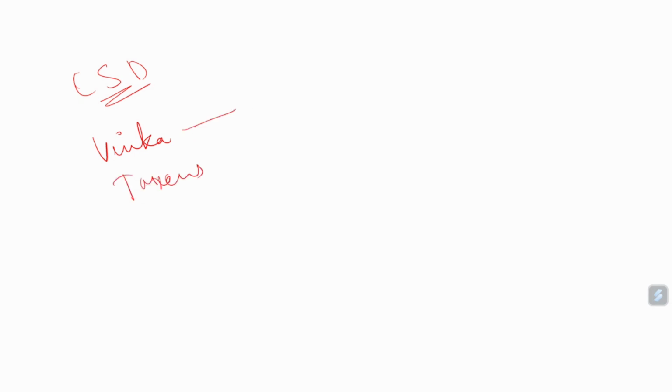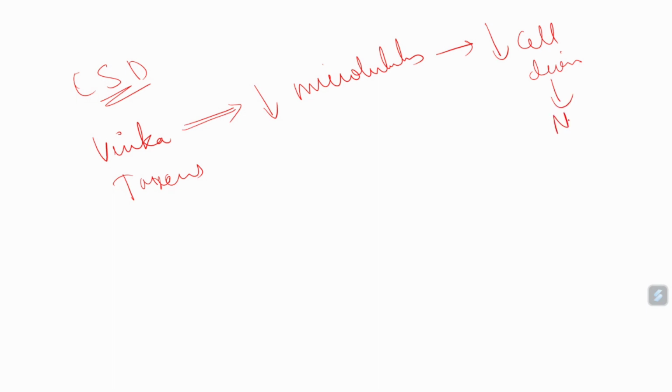What Vinca alkaloids do is stop the production of microtubules, and with that stop the cell division of the neoplastic cell, killing it. That is the mechanism of Vinca alkaloids. But taxanes also act on microtubules only. They have a similar action, but their action is slightly different.